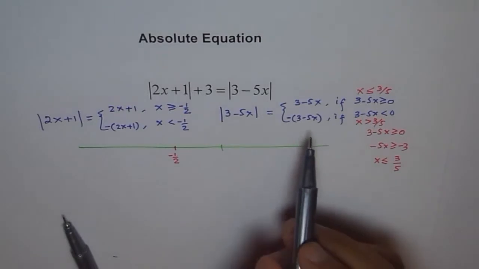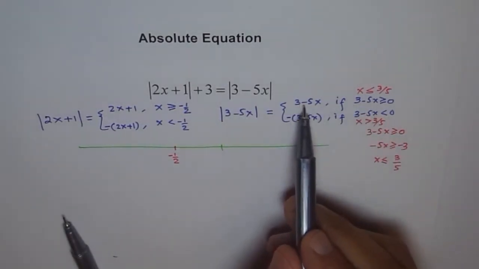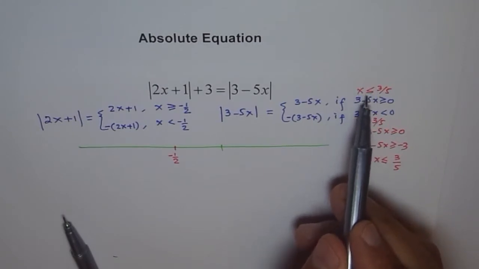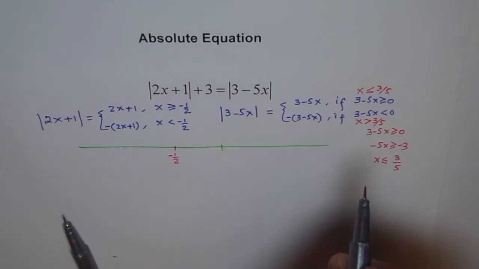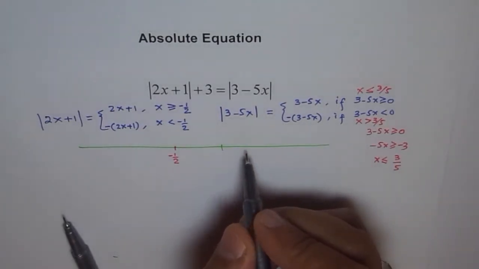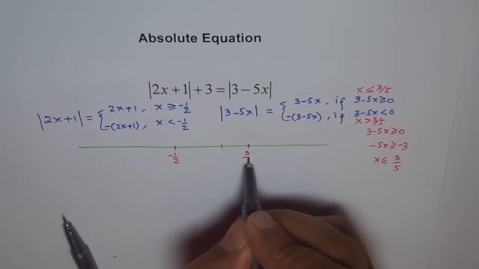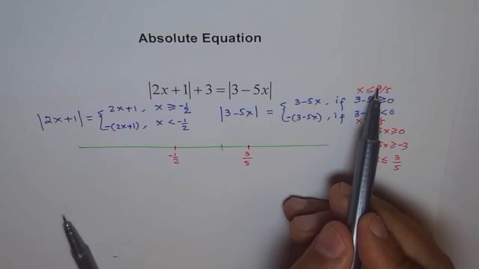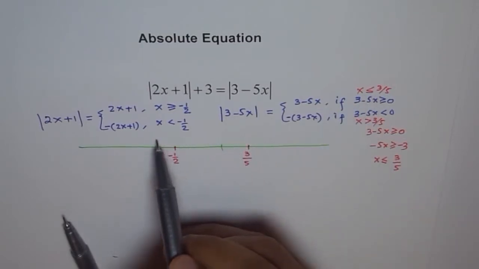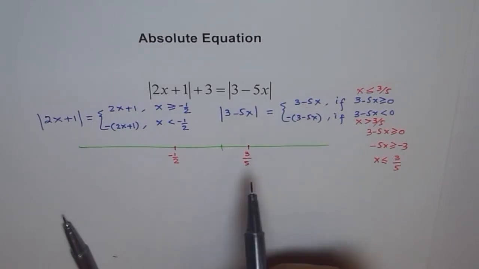Now let's look into this function. This function is defined positive if x is less than or equal to 3 by 5, okay? So let's say 3 by 5 is kind of here. Correct? So if we are on the left side of 3 by 5, then this function is positive. Do you see that? That's kind of tricky, right? That's what you have to understand.